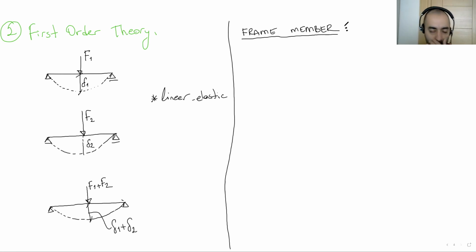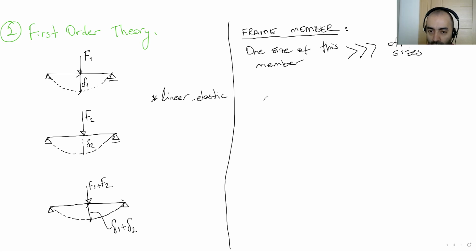You know, all our structural members are three-dimensional members, basically. But we know that one length, one size of this member is greater than other sizes.